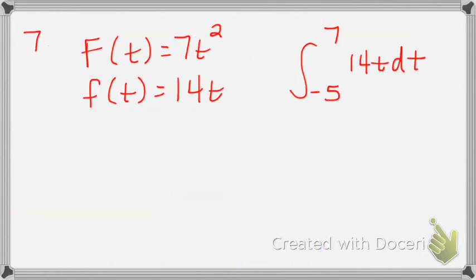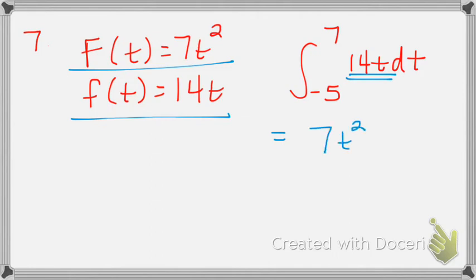So let's look at some problems. This is the original, and this is the derivative. Do you agree? The derivative of 7t squared is 14t. If I want to find the integral from negative 5 to 7 of 14t, the first thing I need to do is figure out the original equation of 14t. Well, it's already given to us. It's 7t squared.